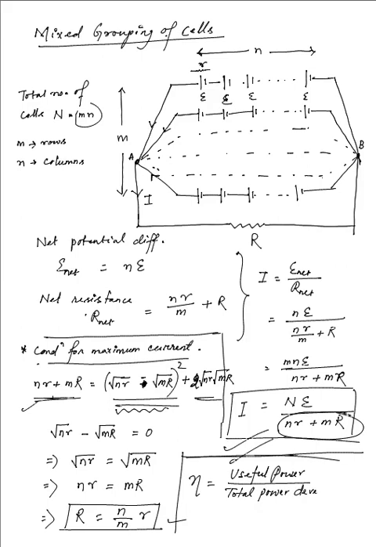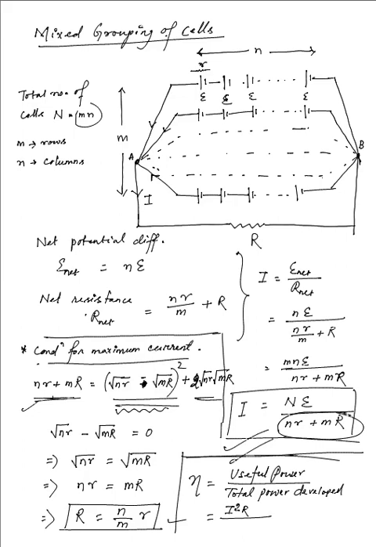Now the total power developed is obviously comprising the power developed across the external resistance as well as the internal resistance. However, the useful power that we are getting is simply equal to the power across the external circuit, that is I squared R, I squared R being the expression for electrical power.